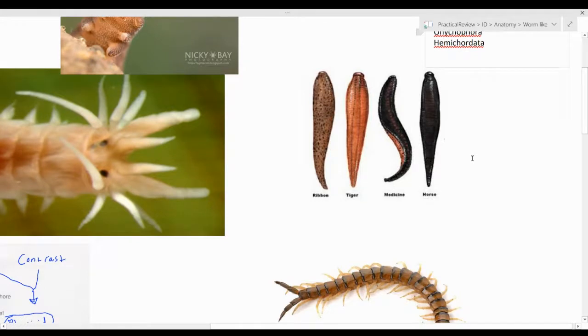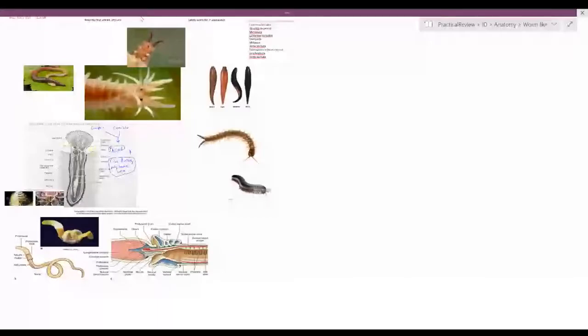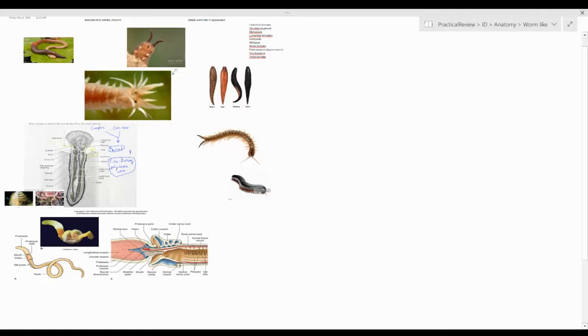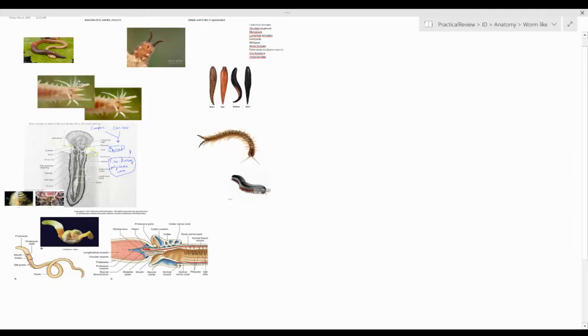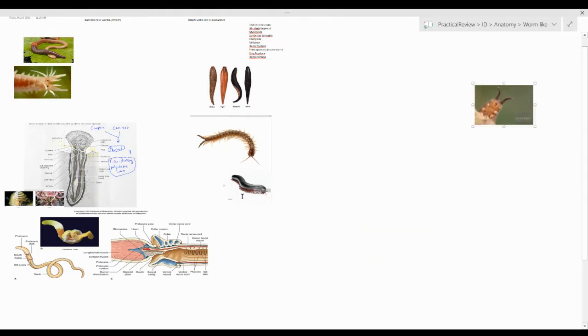I'm going to zoom out again. And I'm going to start moving some animals around. This, zoom. Way away. Not too far from these, though.